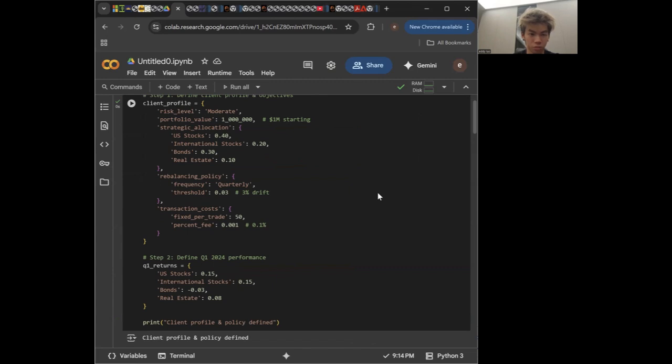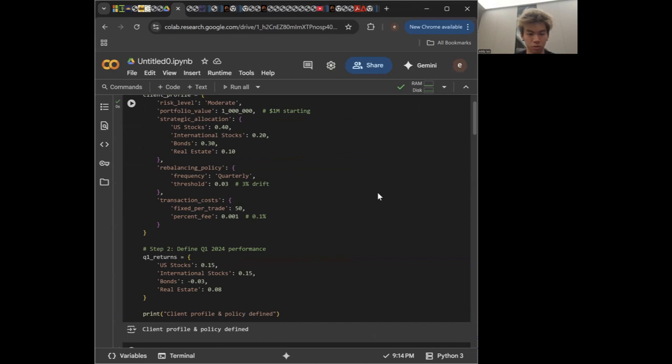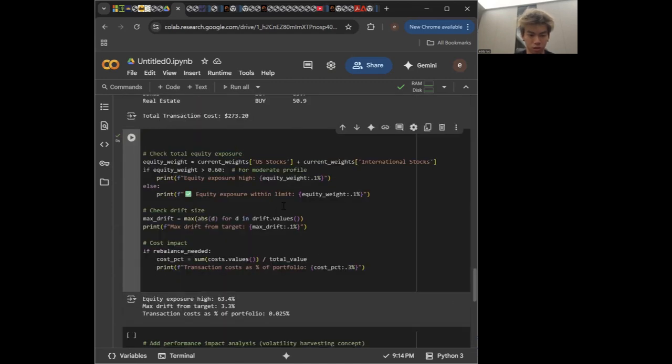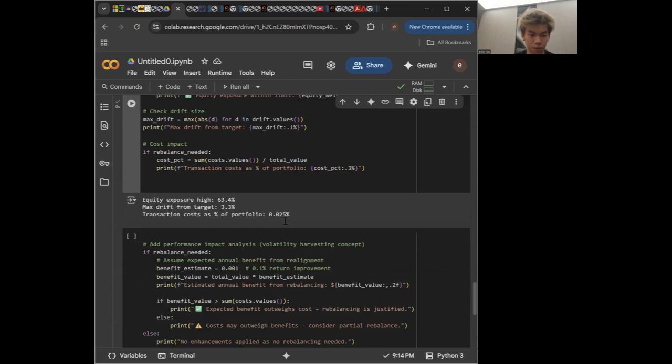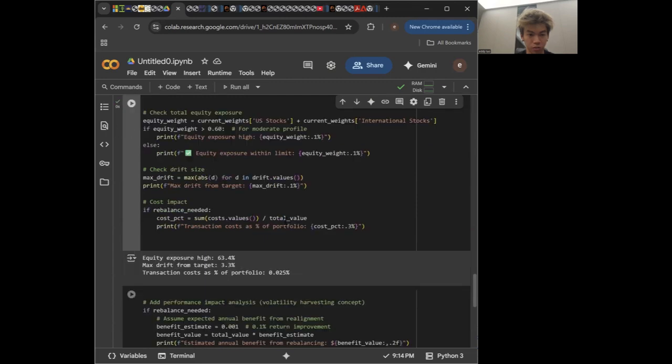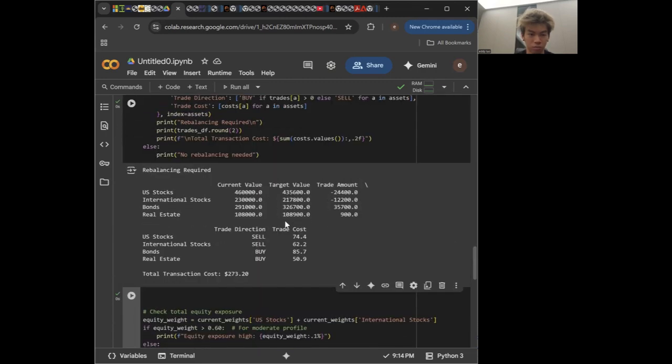So I changed it to 3%, just for testing purposes, to trigger rebalancing and to calculate the trading value and trading cost.